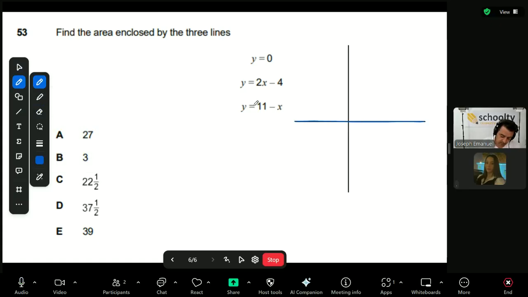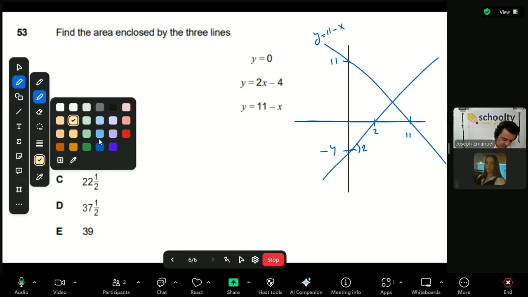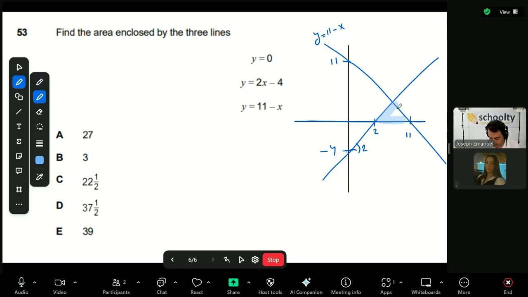This is this one. 2x minus 4. This is minus 4. This is slope of 2. And 11 minus x. This is 11. This is 11 minus x. The area which is enclosed by all of them, this is this area here.